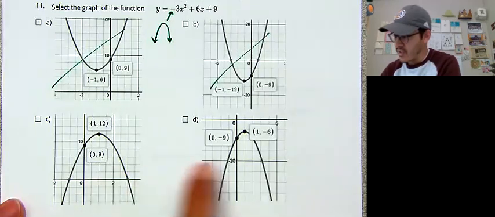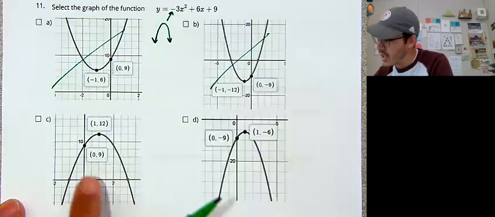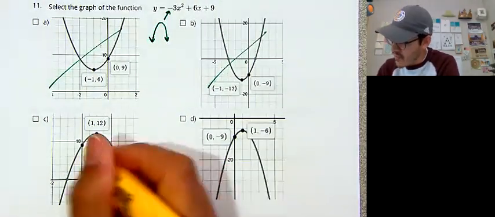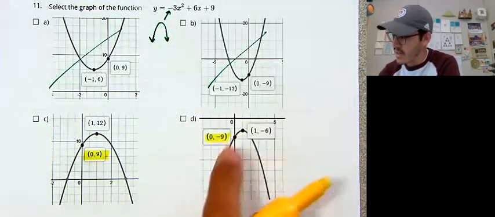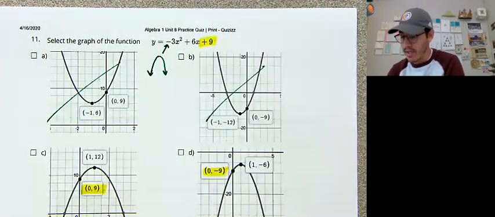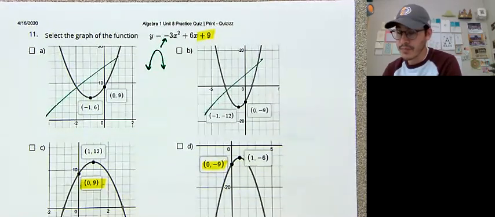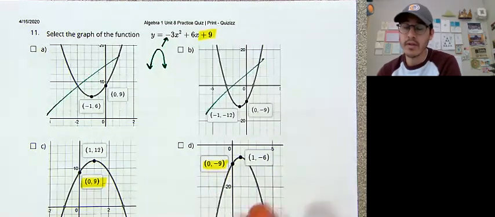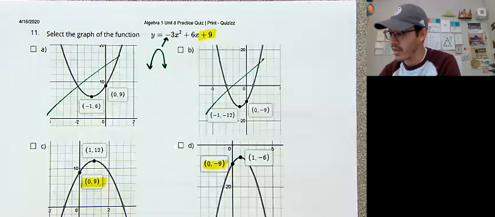Now, if we look at choices C and D, they both have the same y-intercept. Oh, no, they don't. So this one has a y-intercept at, let me highlight it here, +9, and this one shows a y-intercept at -9. The y-intercept is going to be related to the constant part of the function. It's the result you get when you substitute 0 for the x coordinate.